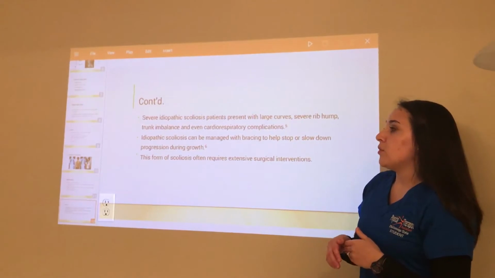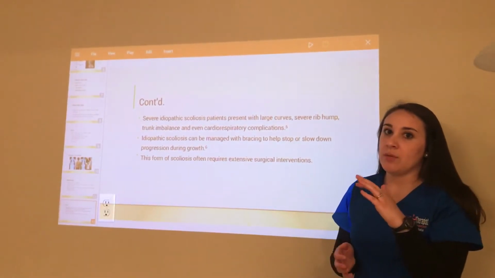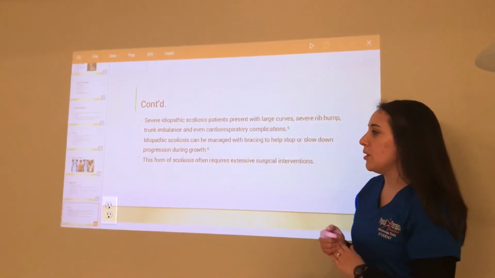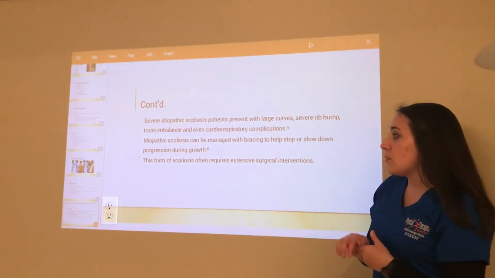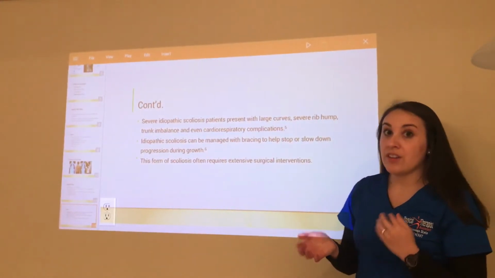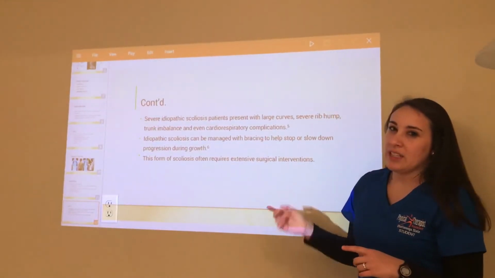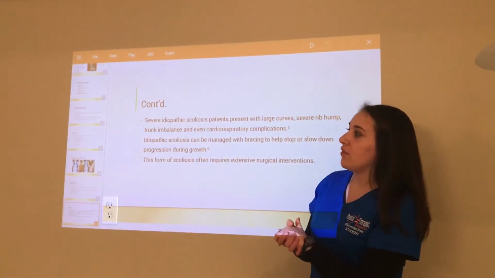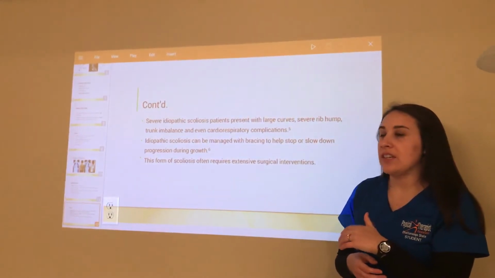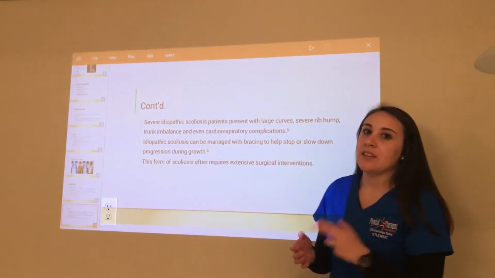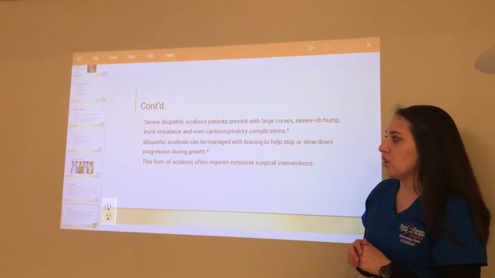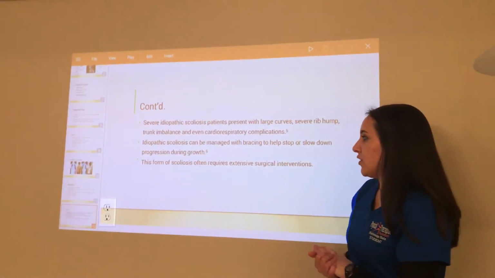Then once they reach skeletal maturity, that curve's just going to get worse, and you can't really manipulate it too much. This form of scoliosis often requires surgical intervention just due to that. A lot of cases aren't found until after skeletal maturity has been reached, and so a lot of times bracing and stuff like that can't fix it, so you'll have to have surgery to fix the curvature.